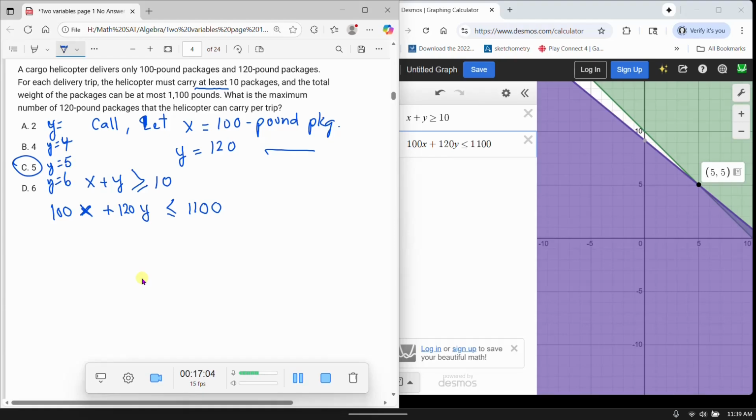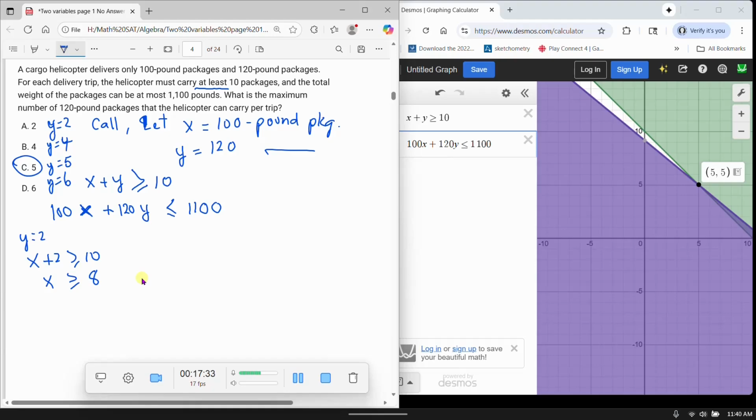Let's use y equal to 2. When you plug the numbers in, what do we get? We get x plus 2 greater than 10, minus 2 on both sides, x greater or equal to 8.